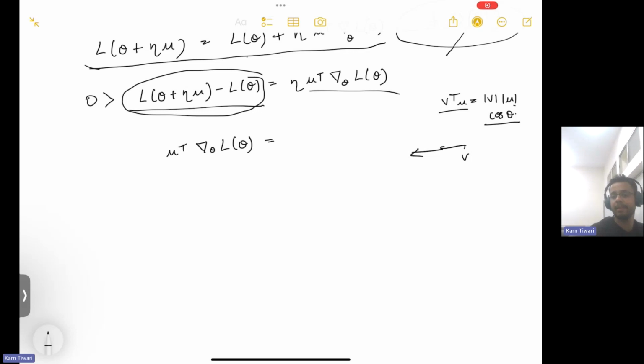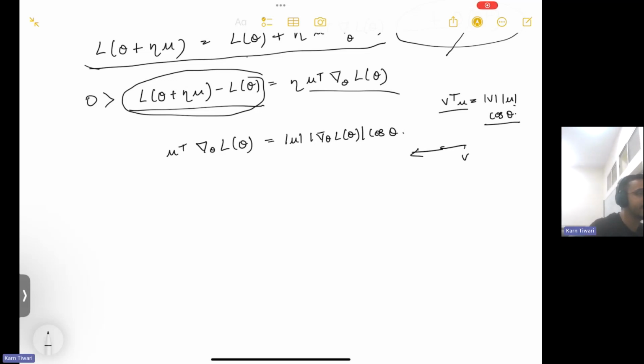I want a maximum decrement in my loss. So this can be written as mod of u, mod of del theta L of theta, cos theta. I wanted this quantity to be negative, as I mentioned.